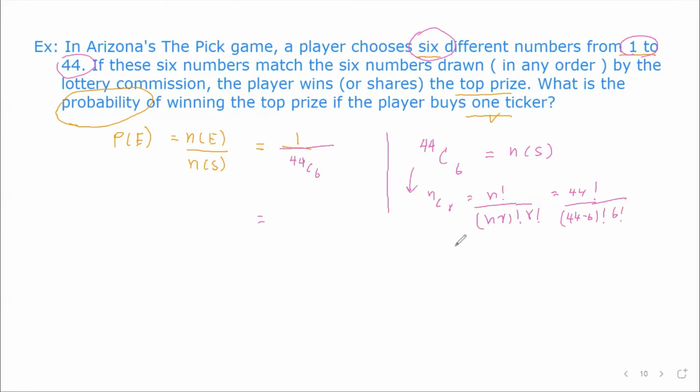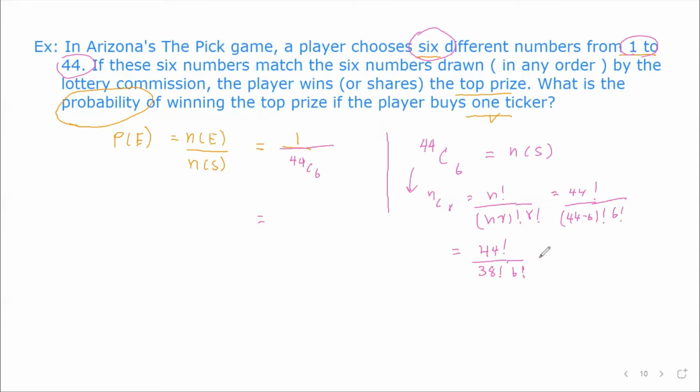Then you can use a calculator if you want, it's okay for this case. So 44 minus 6, what do we have left? 38, yes. So we have 38 factorial times 6 factorial.